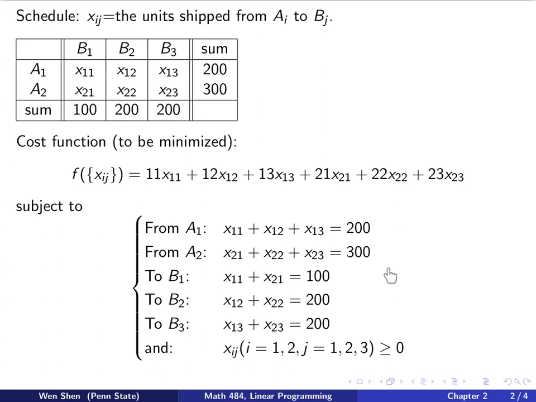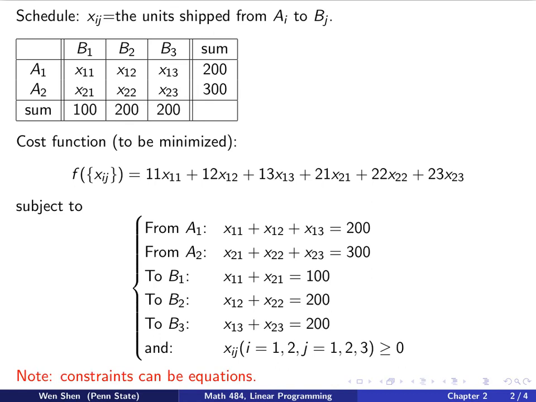Okay, so I have these 5 constraints. And then finally, you always have to remember, all the variables are non-negative. I need to put that in. So all 6 of them. Okay, so this is the new model we have now: a cost function to minimize, subject to the constraints listed here.